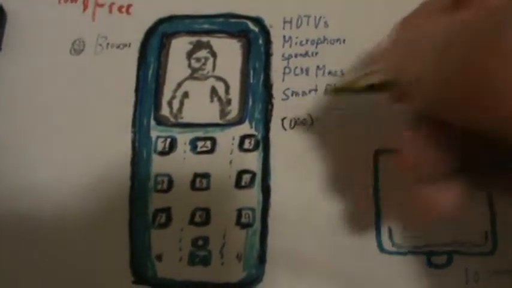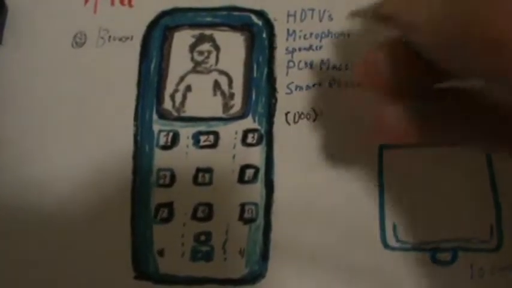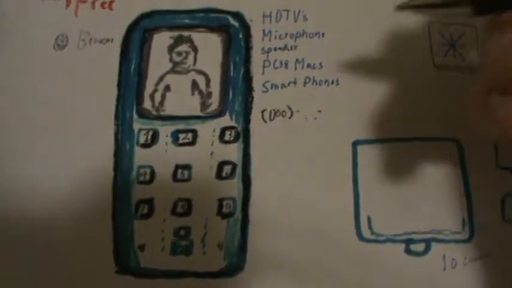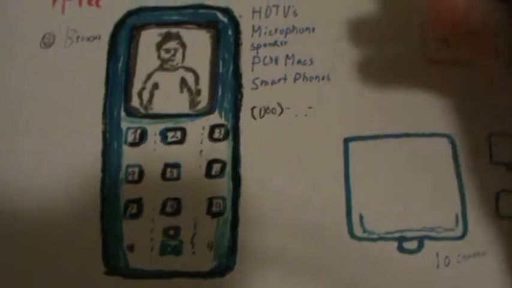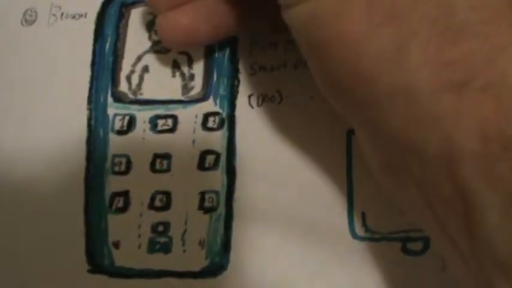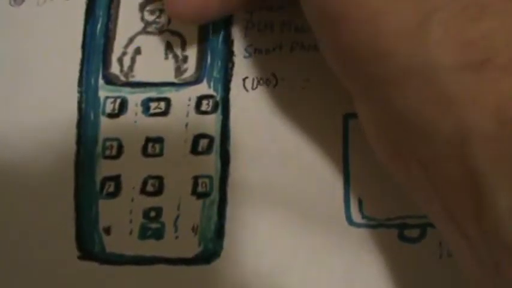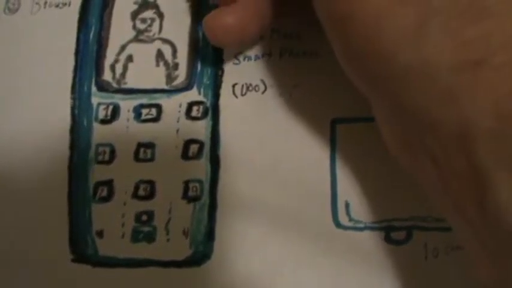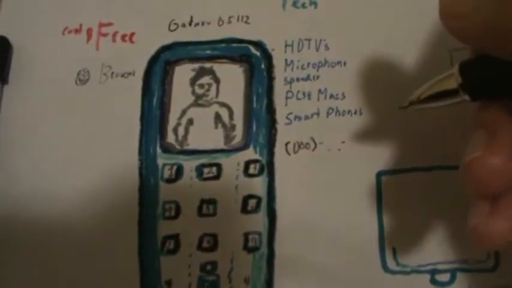I think there are different types of phone models, such as, if it's a phone call, I think there's one called the Galaxy G5 112 or something like that.